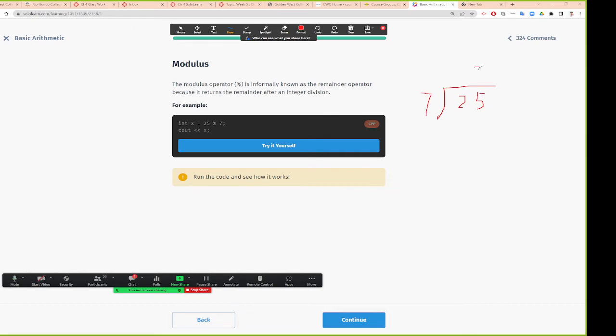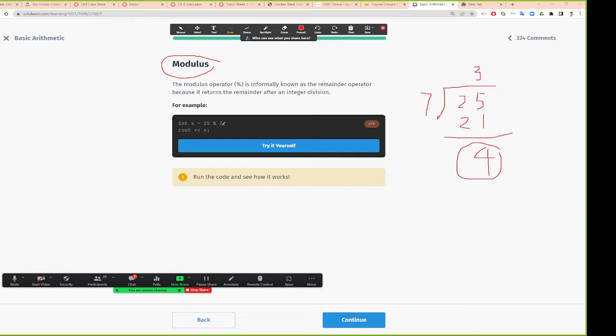I will get 3, and I got 21. And my remainder will be 4. That's my remainder. When you look for the modulus, you are looking for the remainder. So the answer x here will be 4, not 3. Do you understand? Yes or no?